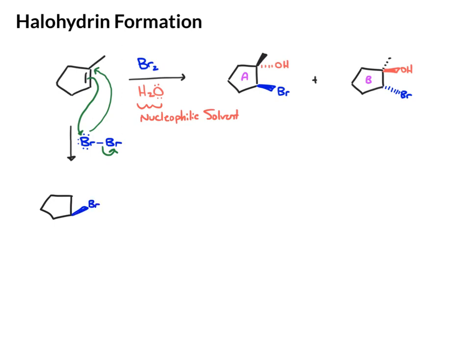We need to make both bonds to the bromine a wedge, because with this three-membered ring here, it's impossible to have one wedge and one dash to the same atom. If that's the case, this methyl group ends up going to the back. Now, of course, that bromine could have come in from the back side of this double bond to give you a stereoisomer intermediate.